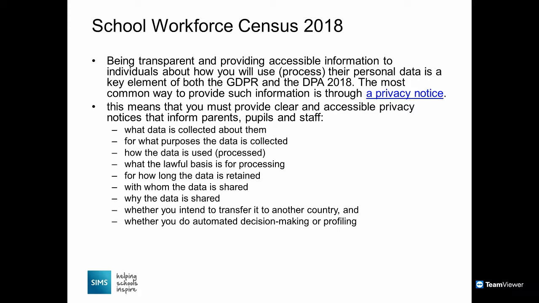What's the lawful basis for processing that information, how long you're going to retain it, who you're going to share it with, why is it going to be shared, whether you intend to transfer it to another country, and whether you need to use it for automated decision making or profiling. Most of that is sort of given, and in the case of workforce census, it's really relevant because you've got an imperative to collect and share this information.